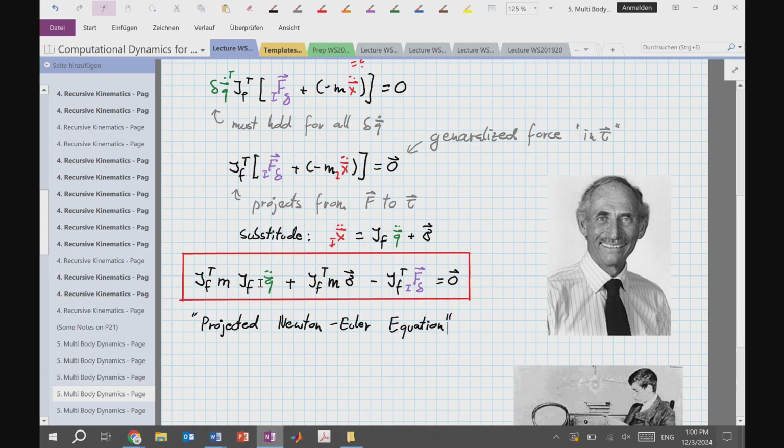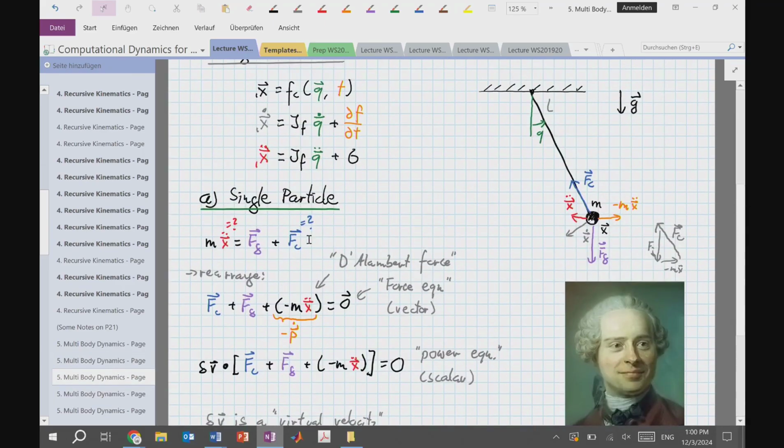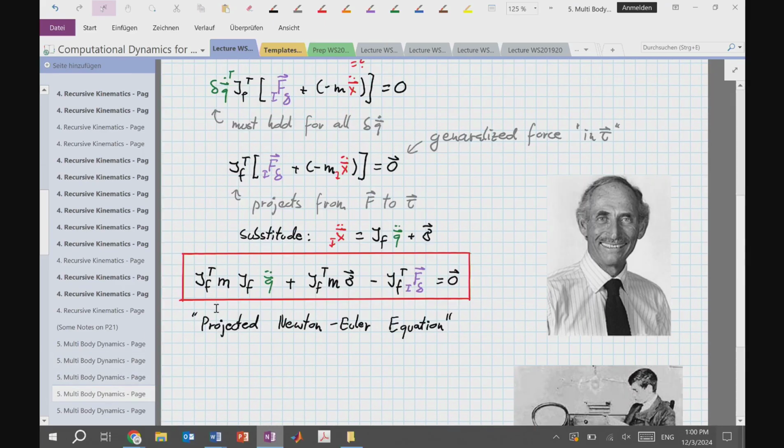But if you think about this, what did we do, right? We took Newton's equation, this one here, and simply pre-multiplied it with JF transpose. So we did a Jacobi transpose mapping on the entire equation, which we can still see here, which took the entire equation, converted it from Cartesian into generalized coordinates, and in the process got rid of all the constraint forces.